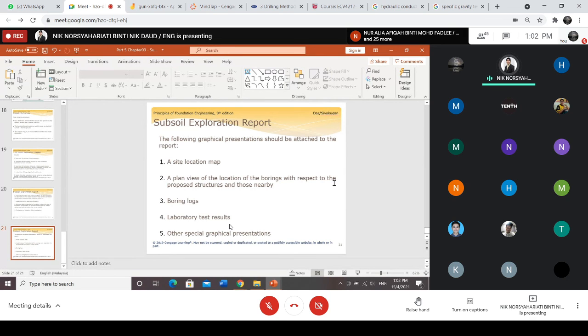Then there's a plan view, which is the one that you propose related to the proposed site. Then the boring logs also need to be attached, the laboratory test results, and any other special graphical presentation also needs to be attached to the soil exploratory report. Okay, so that's it, I think.